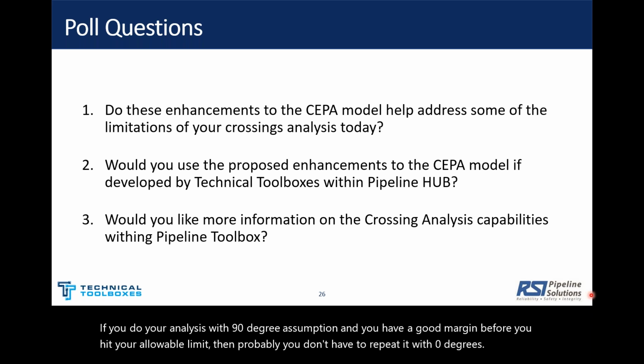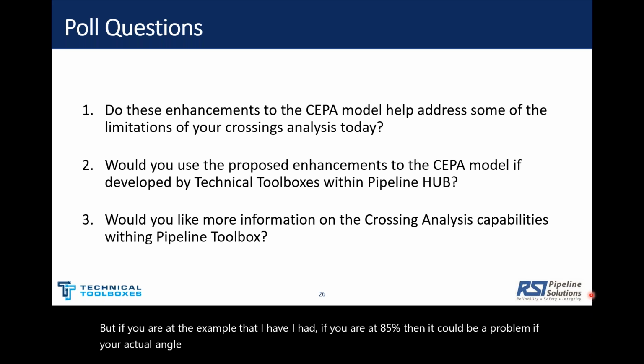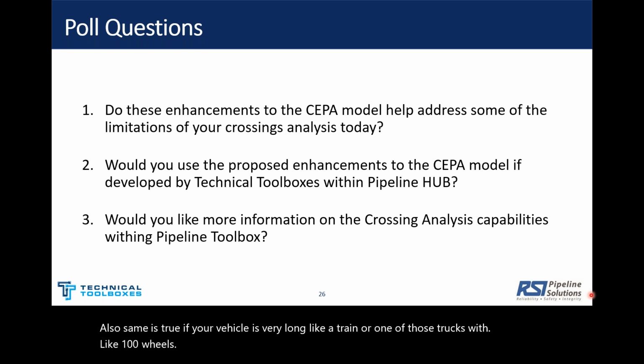But if you are at, like the example that I had, if you are at 85%, then it could be a problem if your actual angle is not accounted in the analysis. Also, same is true if your vehicle is very long, like a train or one of those trucks with like 100 wheels, things like that.